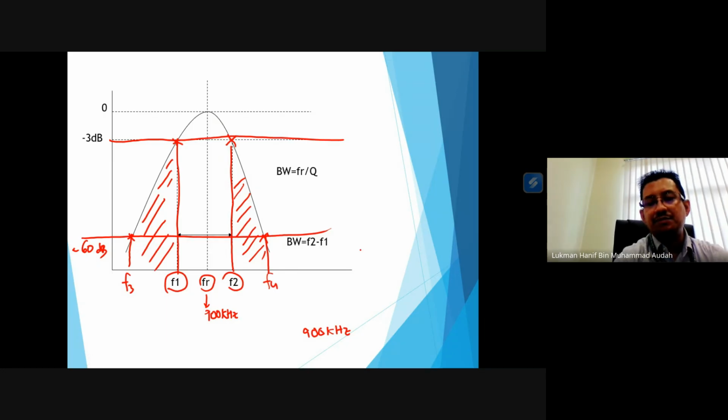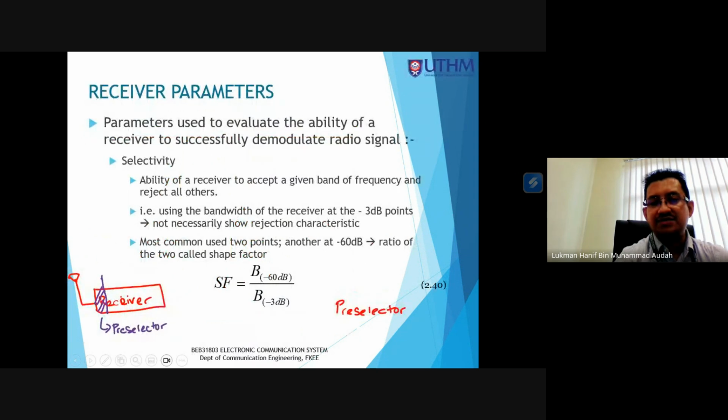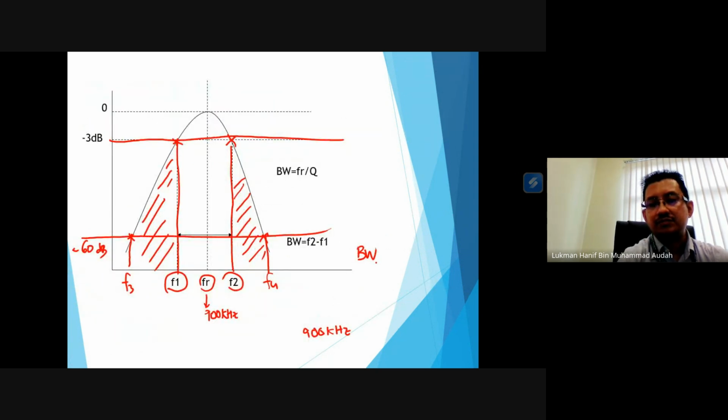That means the bandwidth at minus 60 dB is equal to F4 minus F3, while the bandwidth at minus 3 dB is equal to F2 minus F1.